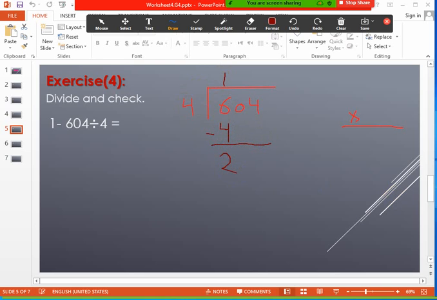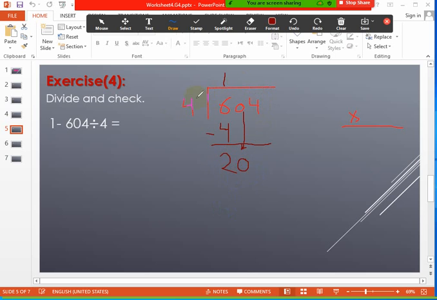Okay, thank you, Taline. Now we will continue with Rinad. Yes, Rinad, I will put the 0 as Taline said next. Now the number becomes what? 20. Very good. Now 20 divided by 4.